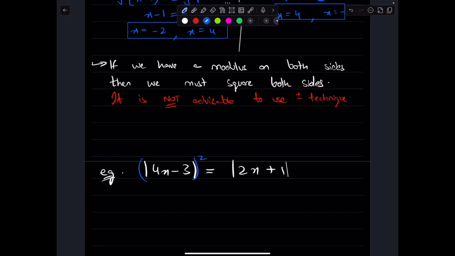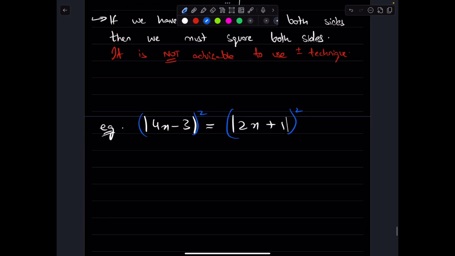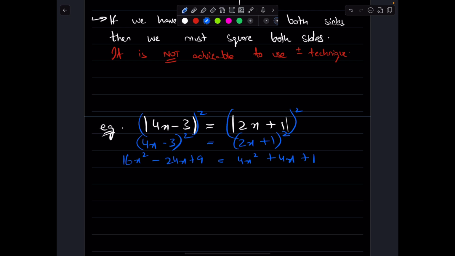So once we square both sides, we have 4x minus 3 whole square and 2x plus 1 whole square. We'll expand this using the identity. So we have 16x square minus 24x plus 9 equals 4x square plus 4x plus 1. Then we bring everything to one side. So we have 12x square minus 28x plus 8 equals 0.